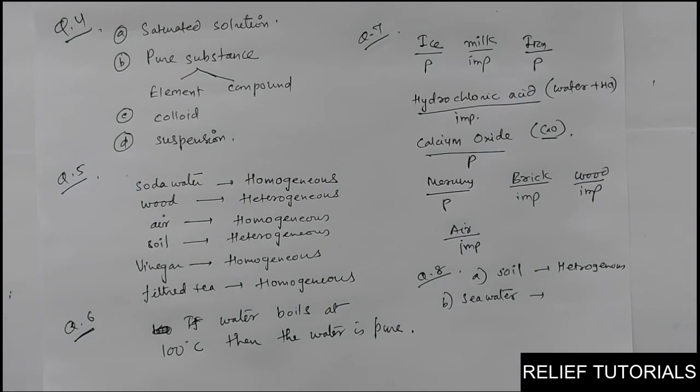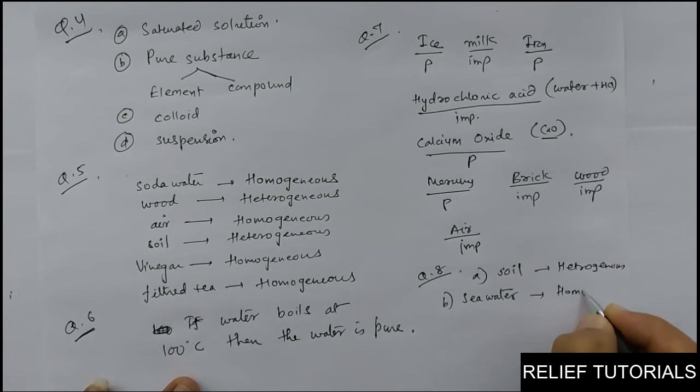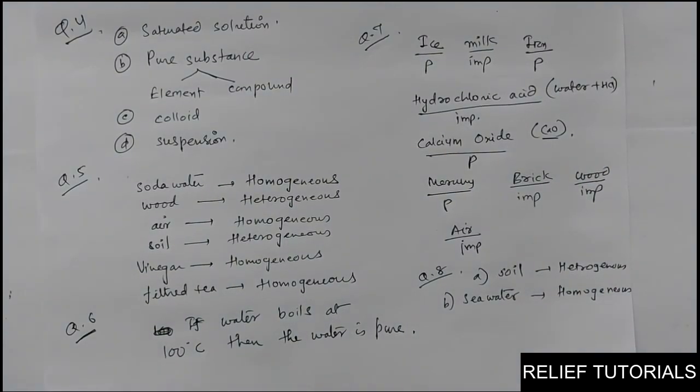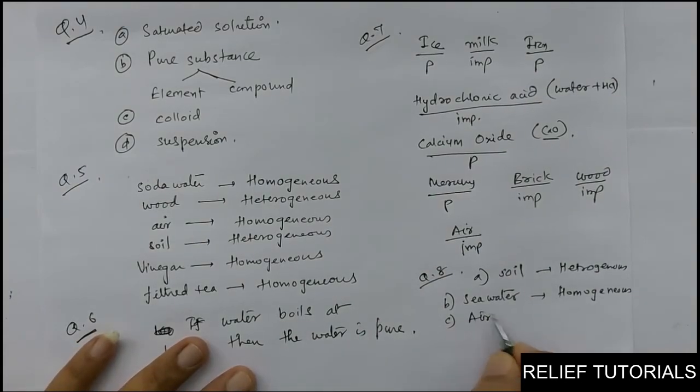I think seawater has water and common salt dissolved in it, so it's a homogeneous mixture. Salt is dissolved in seawater in an even amount. Then air again is a homogeneous mixture.